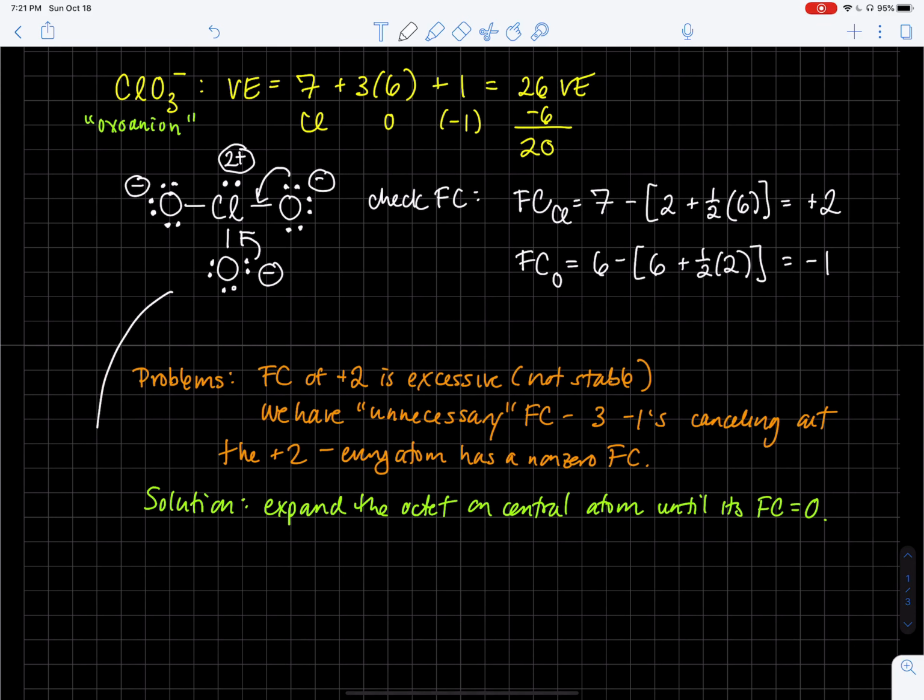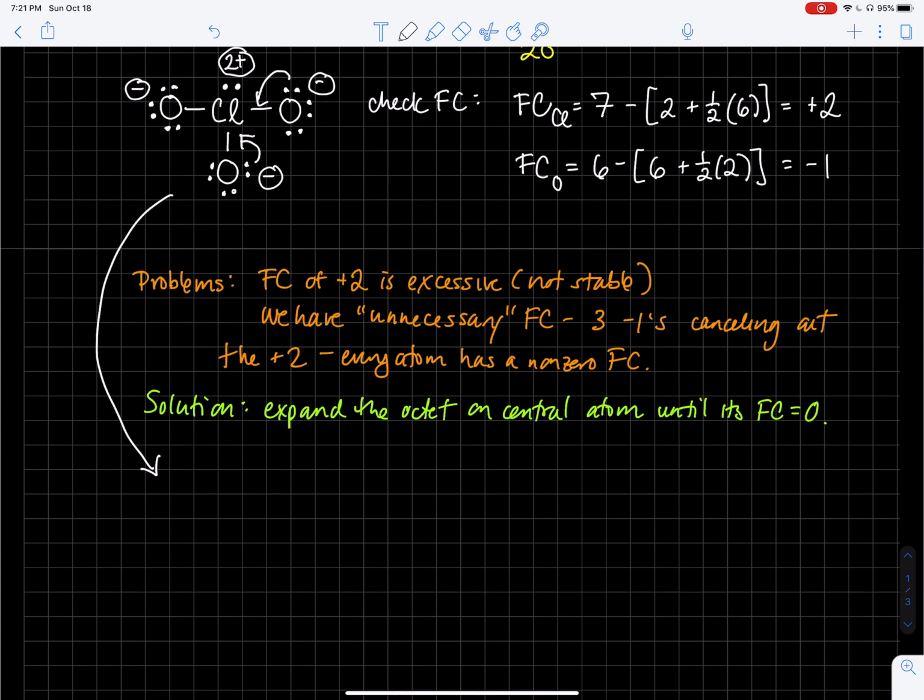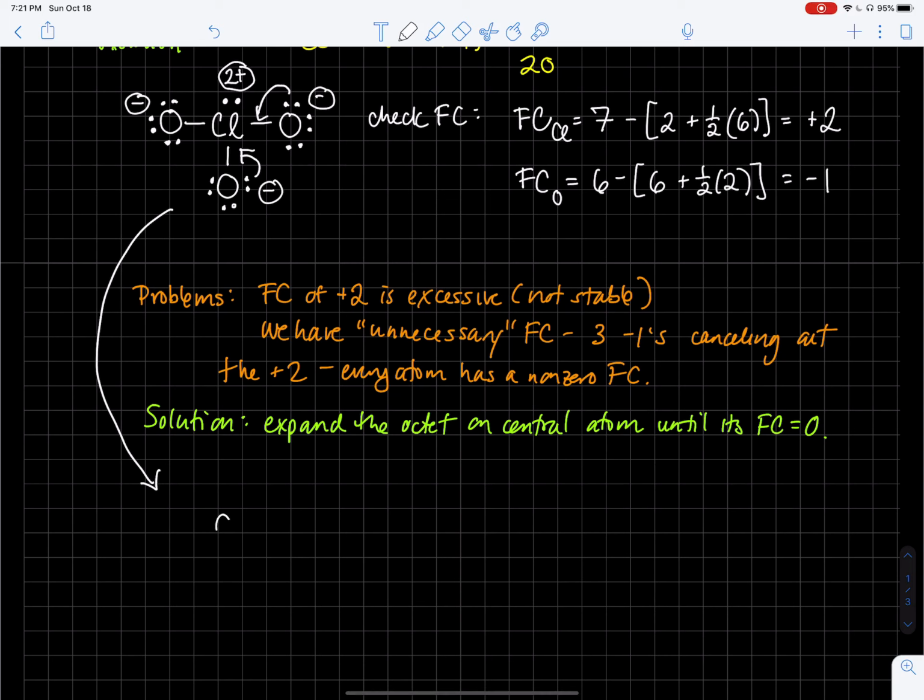And I will just show the structure down here. So if I do that, I get ClO. This one stayed as a single bond, and the lone pair stays on the chlorine. The 2 oxygens with the double bonds have 2 lone pairs, and this one stays with the 3 lone pairs.